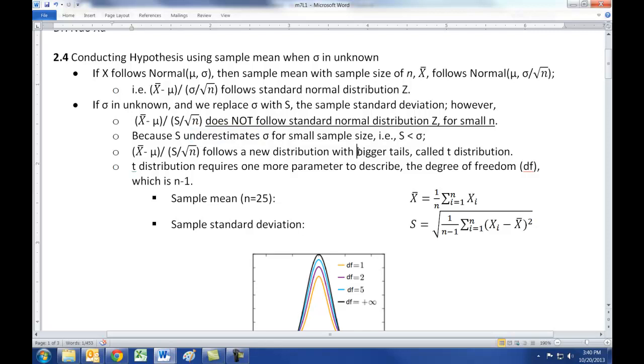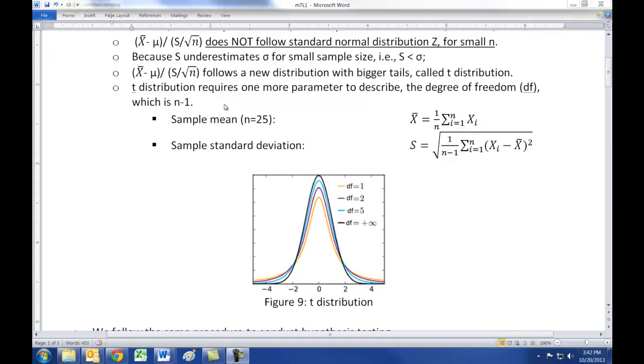Therefore, the bigger the tails of the T-distribution. So in order to differentiate this sequence of T-distributions, we require one more parameter, called the degree of freedom, which is defined as n minus 1. N is the size of the sample you draw.